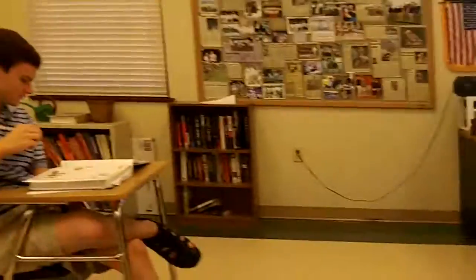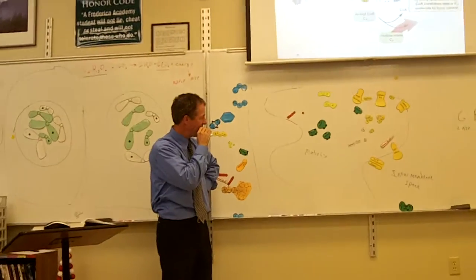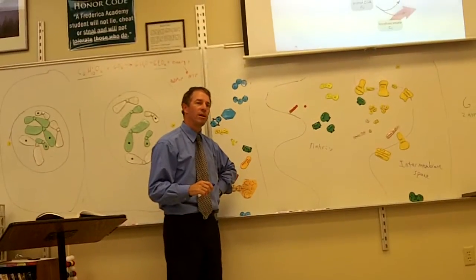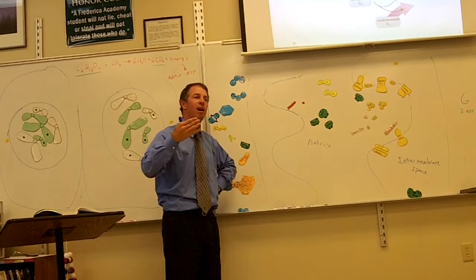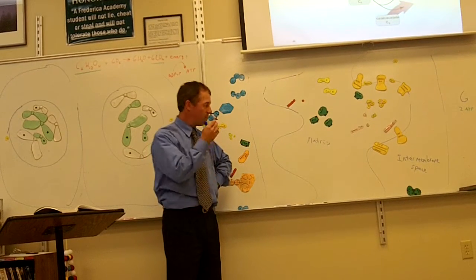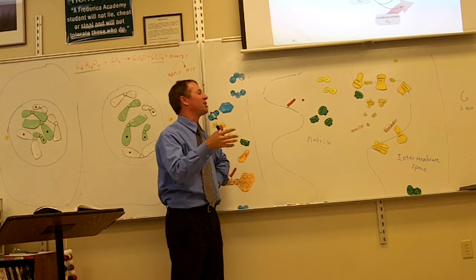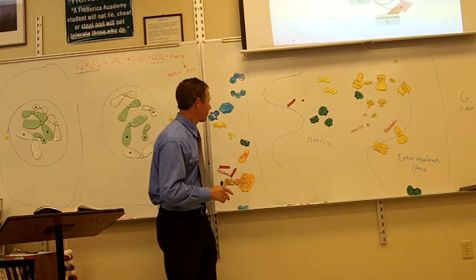Yes, Isaac. I was wondering about the difference between 36 or 38 ATP. This is a good question. They do a count of where all the ATP comes from, and the book says it's either 36 or 38 ATP.